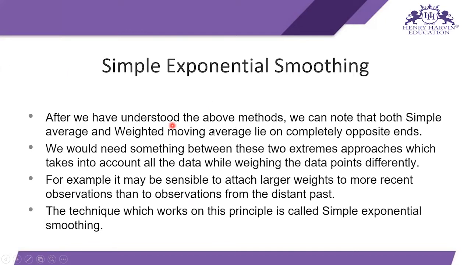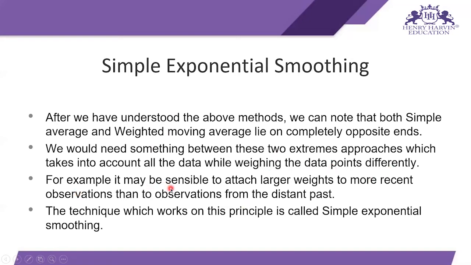After we have understood the above methods, we can note that both the simple average and the weighted moving average lie on completely opposite ends. So we would need something between these two extreme approaches, which takes into account all the data while weighing the data points differently.